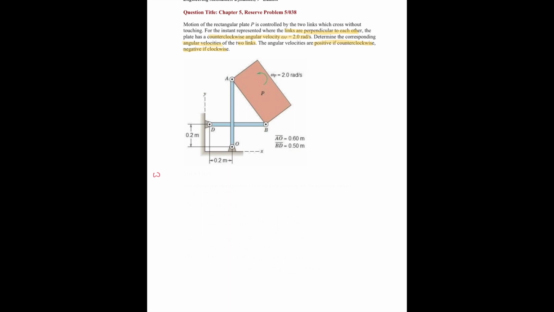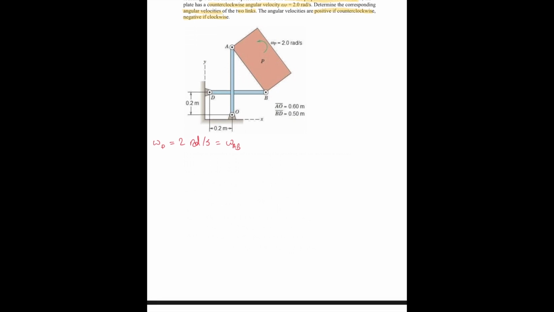So the angular velocity of the plate is initially 2 radians per second. And we've got the length from A to O is 0.6, and the length from B to D is 0.5. Counterclockwise is positive.